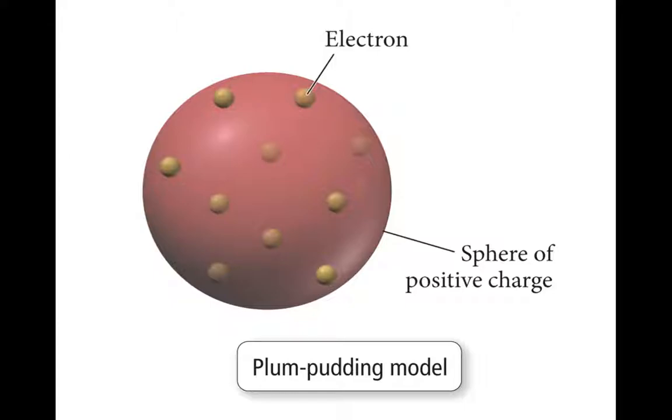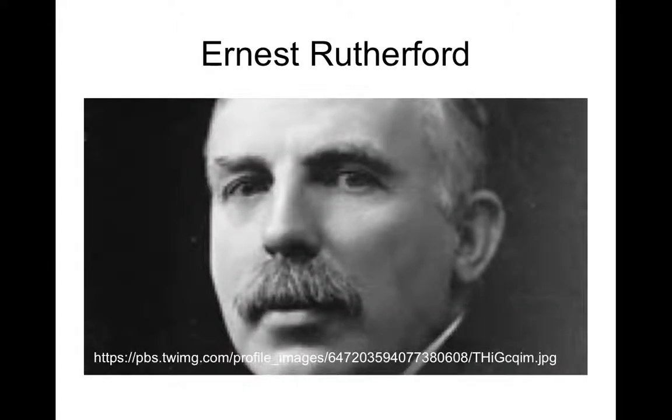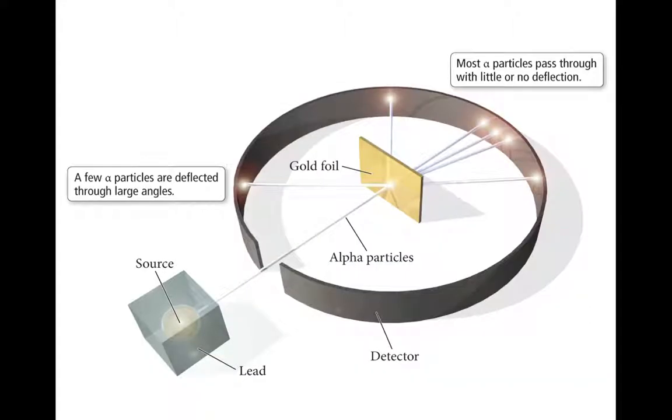He had a guy that worked for him named Ernest Rutherford. And Ernest Rutherford set up an experiment to confirm J.J. Thomson's theory, the Plum-Pudding model, and the experiment looked like this. There was a gold foil, which was essentially gold that was pounded down to very, very thin, close to an atom thick.